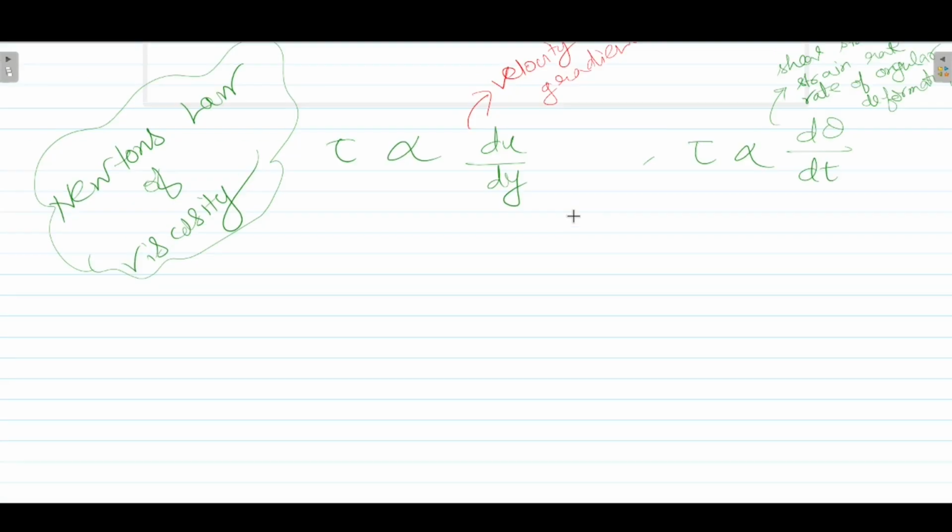Now I'm going to do some simple calculations. From here I can find that tau is proportional to, let me remove the proportional sign. If you write equal in place of proportionality, you need to bring in some constant, which is mu: tau equals mu du dy. Similarly, tau will be equal to mu d theta dt.